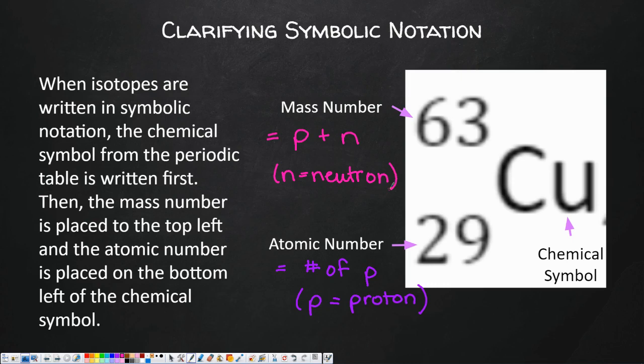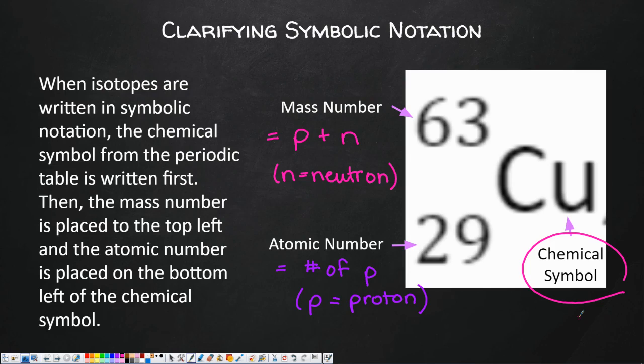And then since we're talking about symbolic notation, we don't want to use the element's name. We want to use its symbol. So in symbolic notation, you will have the element symbol, superscript to the left, mass number, protons plus neutrons, lower left subscript, atomic number.